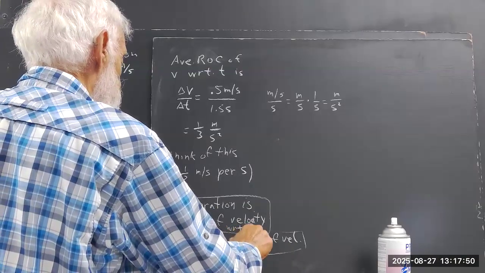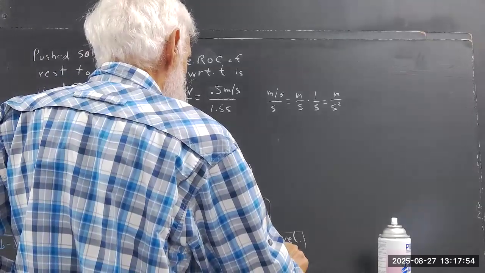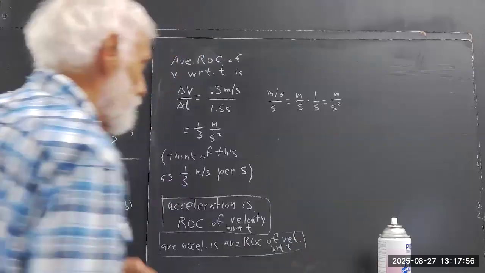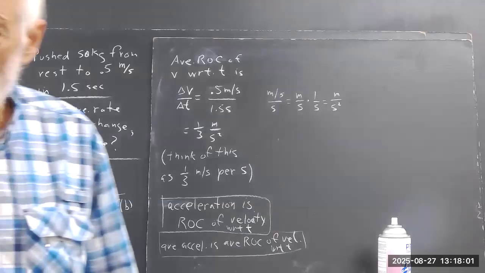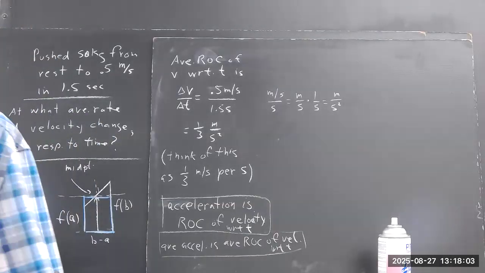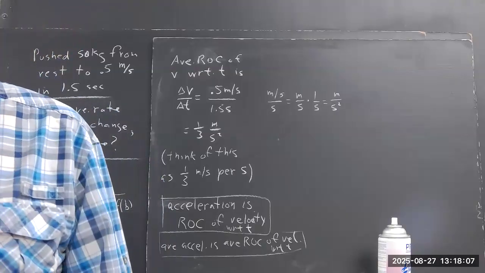Now put WRT T for with respect to time. And the reason we want to do that with respect to time is I could also figure the average rate of change of velocity with respect to distance.